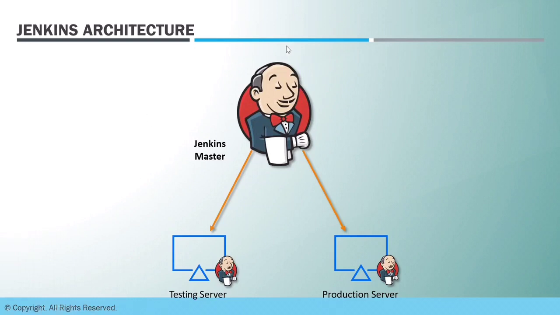So this is a typical master slave architecture that you can see on my screen. Jenkins master can support testing servers, production servers, alpha testing, beta testing, containers as end machines. Even containers can be used as slaves in Jenkins master slave architecture to run Jenkins jobs. So this is where Jenkins master slave architecture comes into the picture.